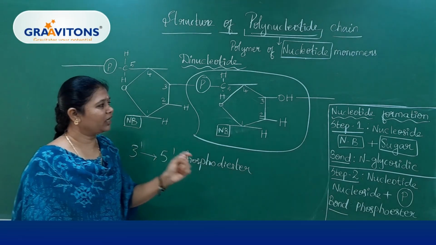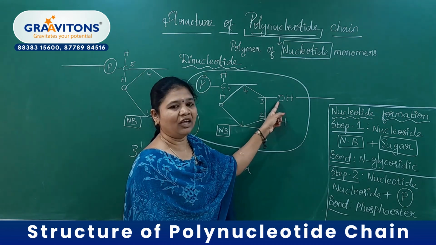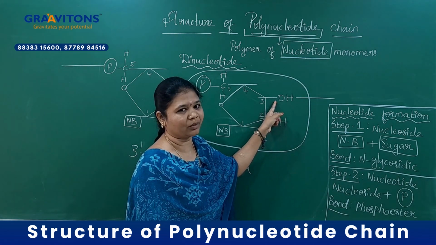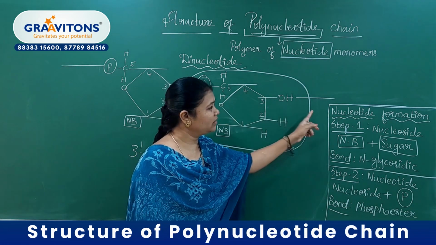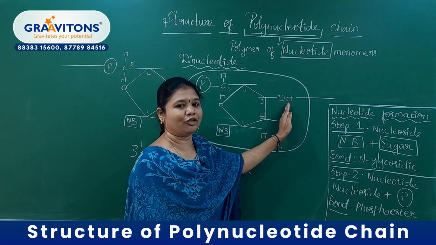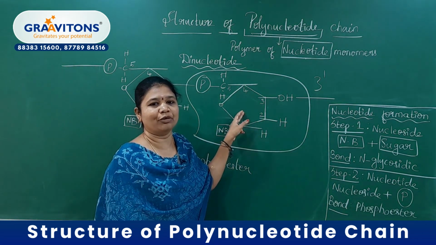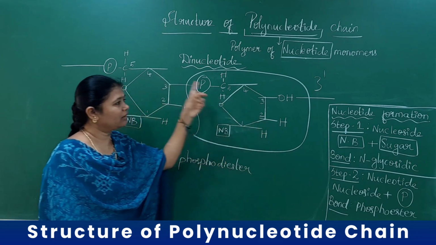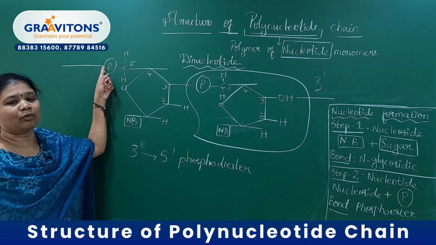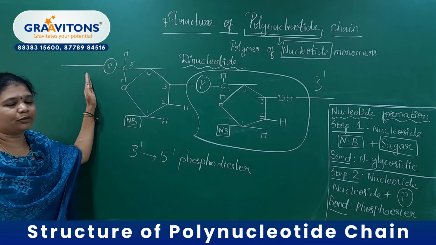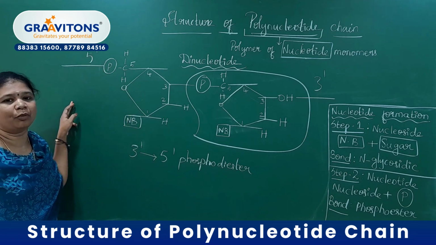At the 3 prime position, the third carbon position, a free hydroxyl group is always present. Because of this free hydroxyl group, that end of the polynucleotide chain is called the 3 prime end. At the opposite end, the fifth carbon has a free phosphate group, and that end is called the 5 prime end of the polynucleotide chain.